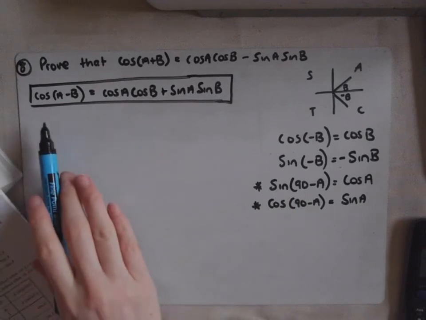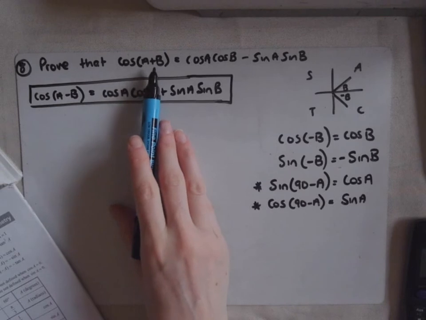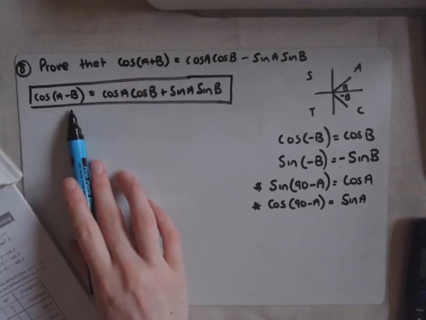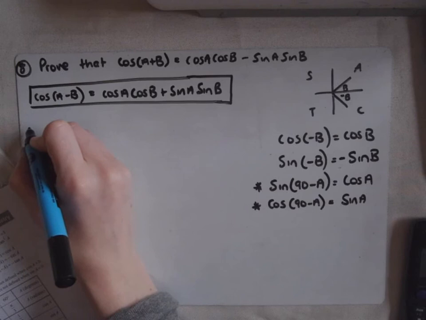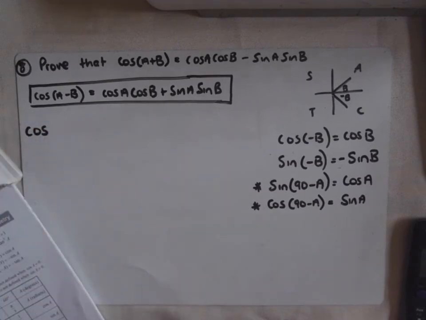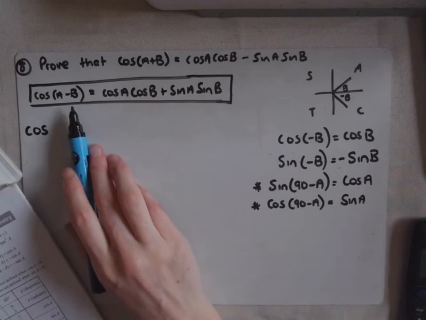So my proof has cos of A minus B, but my question is cos of A plus B. What could I do to that to make it A plus B? Multiply by minus. Exactly. So I have cos of A minus B. That's what I have to work with.